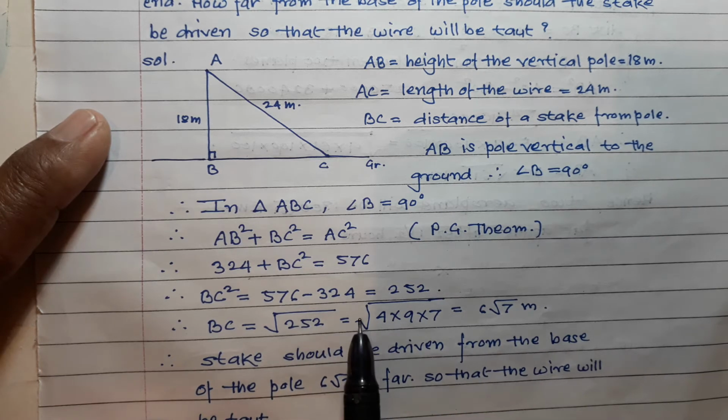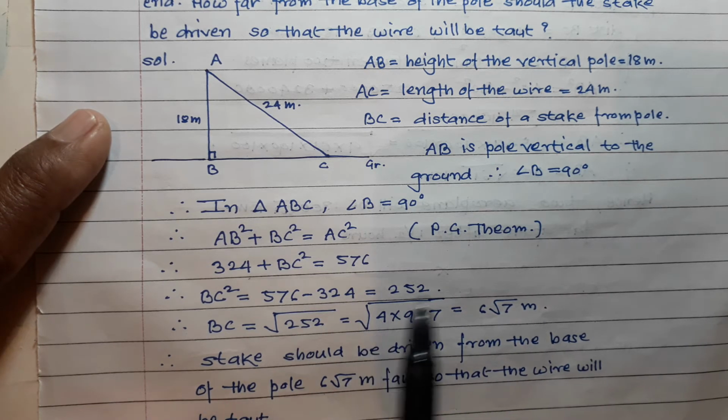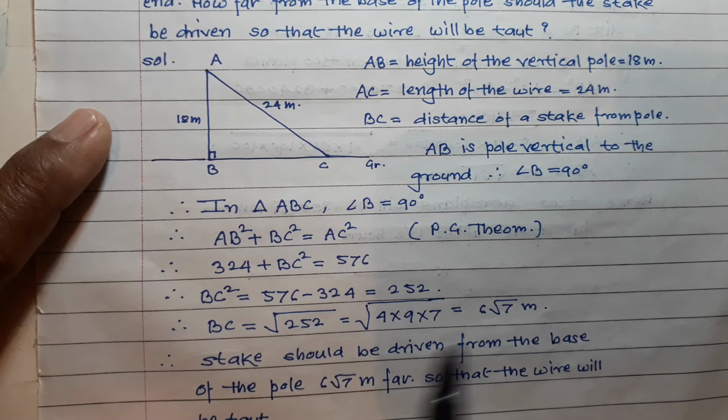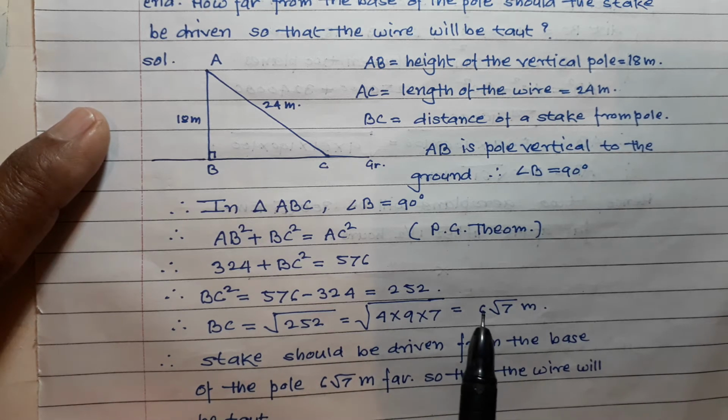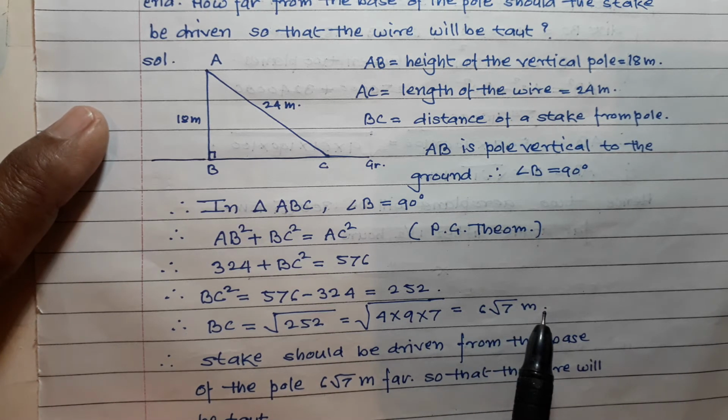Simplify this. So this is under root 4 into 9 into 7, and therefore you take 4 and 9 outside the root sign as 2 and 3. So 2 into 3 is 6, 6 root 7 meters. So BC is equal to 6 root 7 meter.